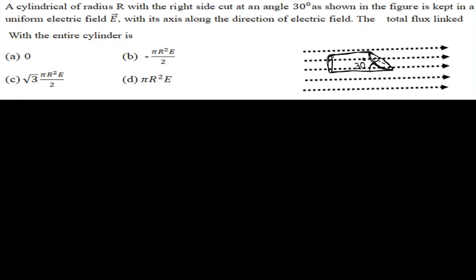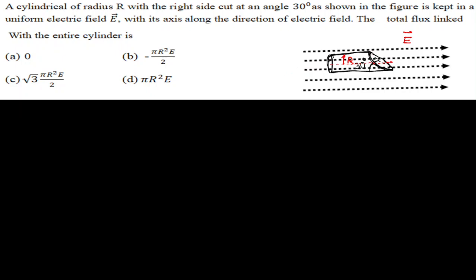The total flux linked with the entire cylinder is. So in this case, let's say we have a uniform electric field, and then we have a cylinder whose axis is parallel to the given electric field, and it has a radius capital R.